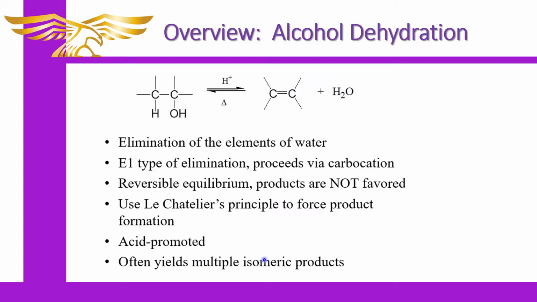This will tend to yield many products, depending on the substrate that you're using. Sometimes you don't have as many as others, but in general, we tend to give substrates that may have anywhere from 2 to 4 products that form, at least with this experiment.